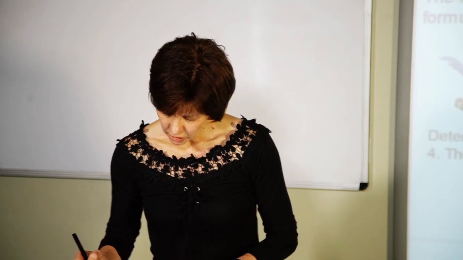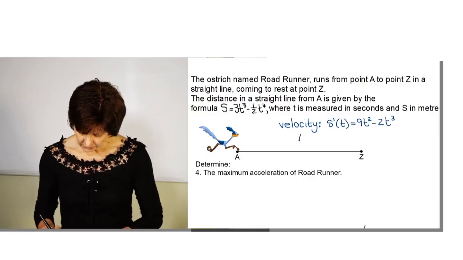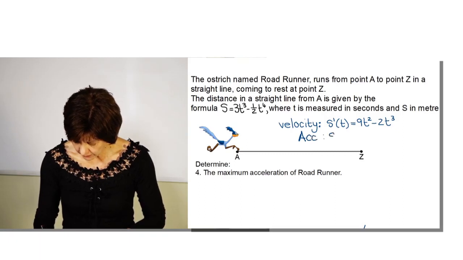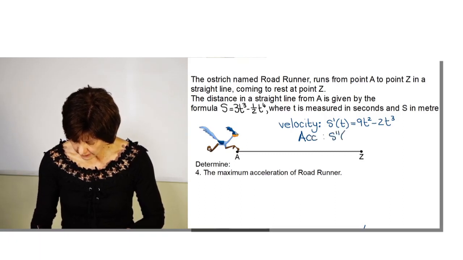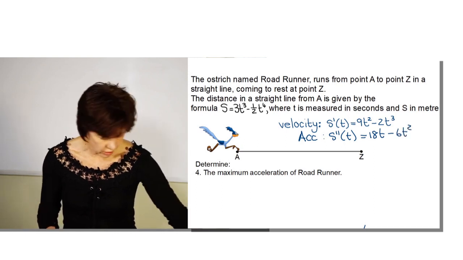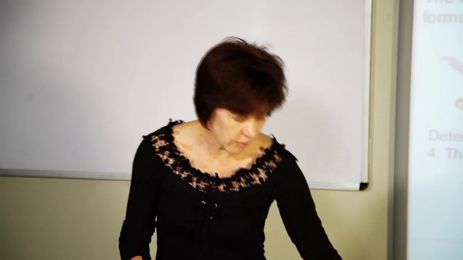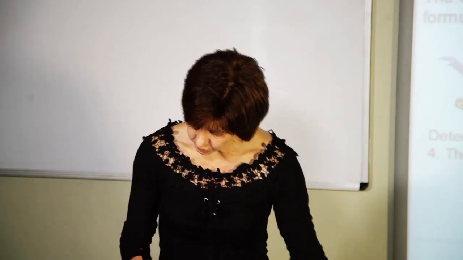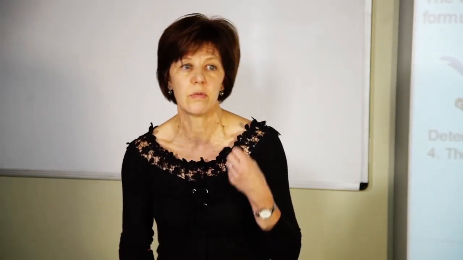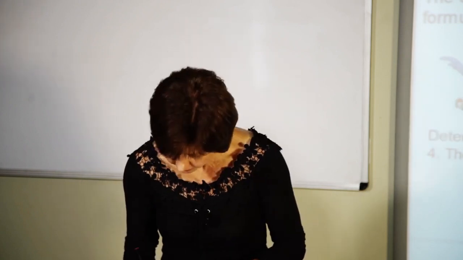A last question: the maximum acceleration of Roadrunner. So what will the acceleration be? The acceleration will be the second derivative, which is 18t minus 6t squared. For maximum acceleration, I have to differentiate the acceleration formula and let it be equal to 0, because maximums and minimums are reached where the derivative, the gradient, is equal to 0.